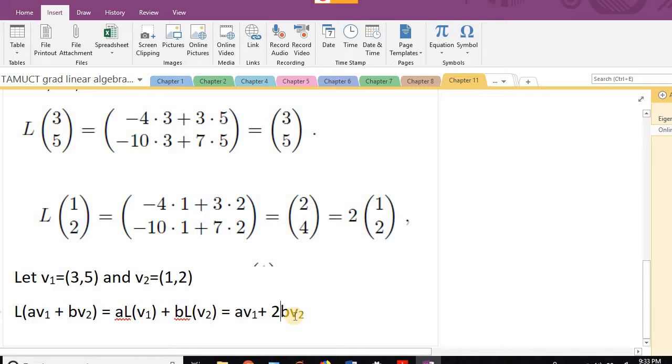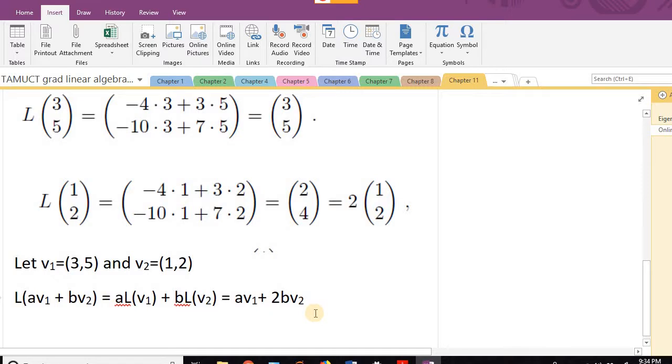Yes. All right. So the point is that now we're dealing with the basis V1, V2. This is a linear combination, so in the V1, V2 basis, this is the vector (A, B).